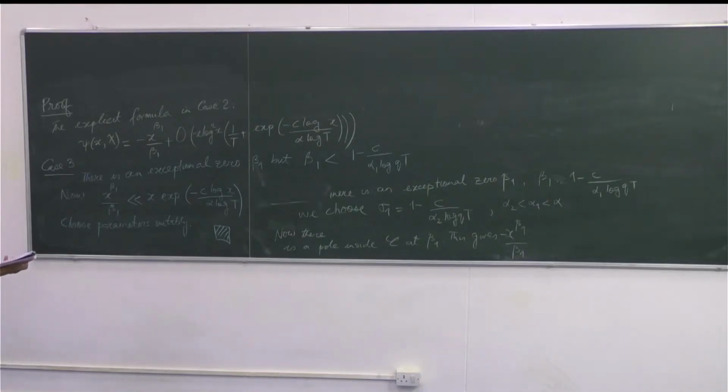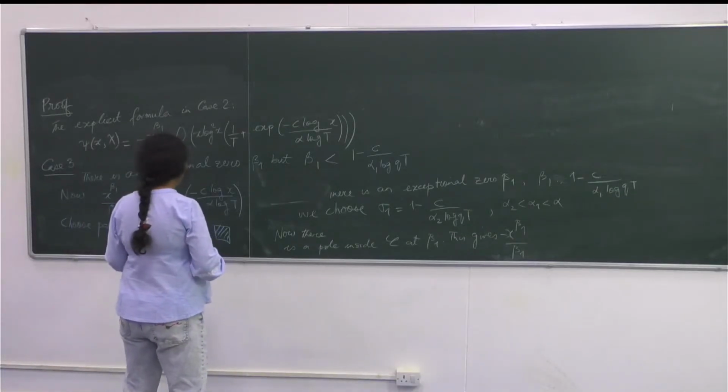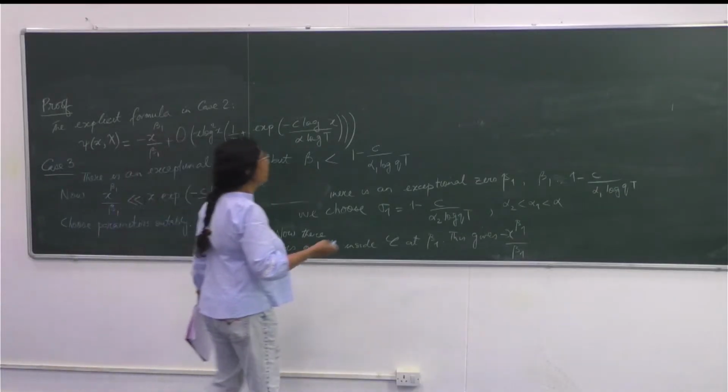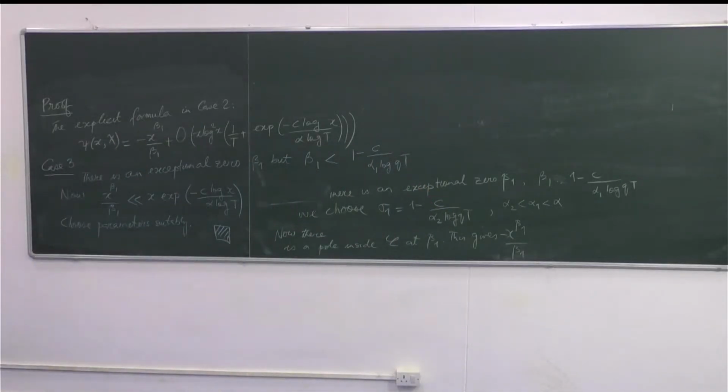Okay, so the moral of the story is that beta 1, so remark, it's a remark I want to make. It's not because I call it a remark that it becomes a trivial remark. Okay, it's just to distinguish it from a theorem that I call it a remark.